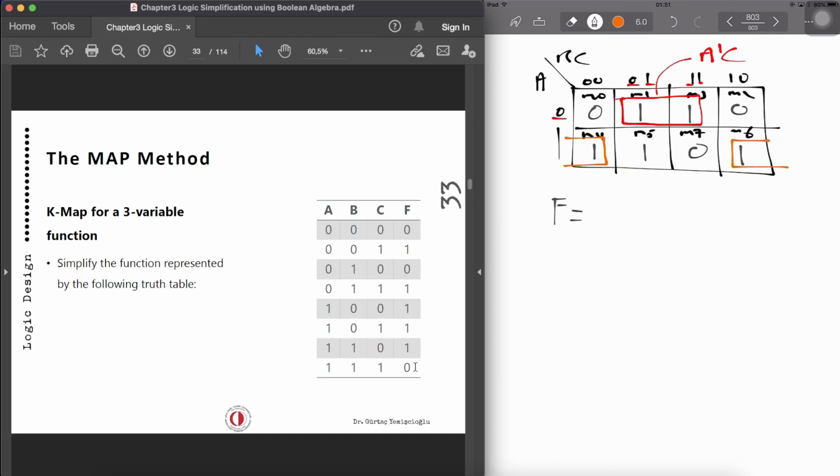So I can have only those two, which is going to give me A is 1, stays 1. B is 0, changes to 1. C is 0, stays 0. So I can say this is A, C prime.